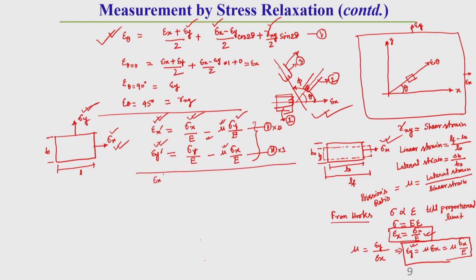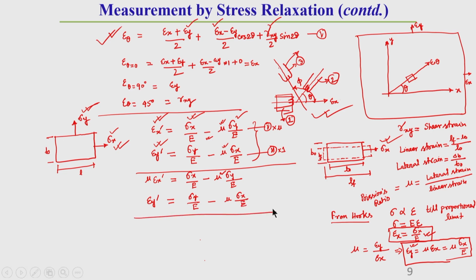Here we get mu into epsilon x dashed is equal to sigma x by E minus mu into sigma y by E, this is mu square, and here will be epsilon y dashed, which is the overall strain due to the combined effect of sigma x and sigma y along the y direction. This you should keep in mind. So, this will be sigma y by E minus mu sigma x by E.